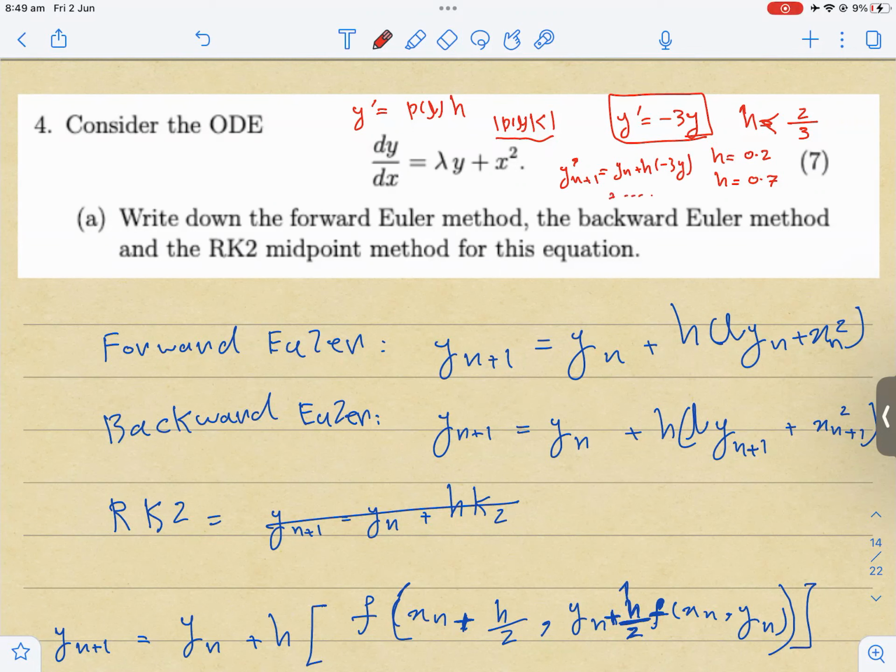If you write this out, you will have y_0 times (1 minus 3h) to the power n, something like that.